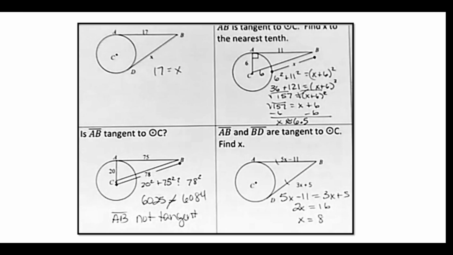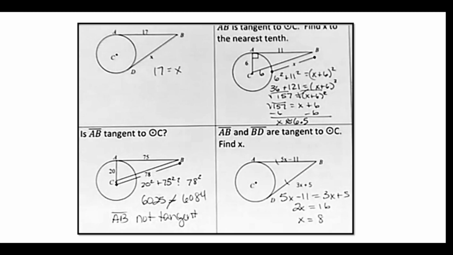Next one, letter D. Segment AD and segment BD are tangent to circle C. Find x. Since by Corollary 1, AB is congruent to DB, we can now have the equation 5x minus 11 is equal to 3x plus 5. 5x minus 3x is equal to 5 plus 11.